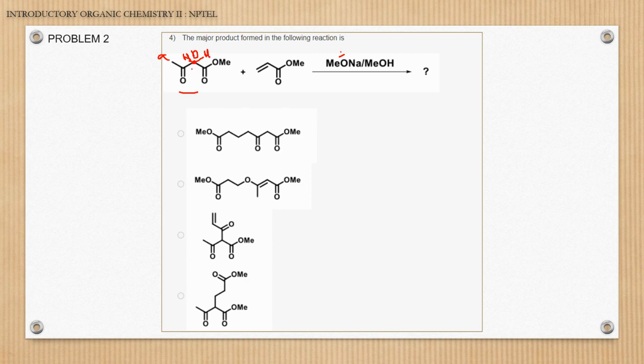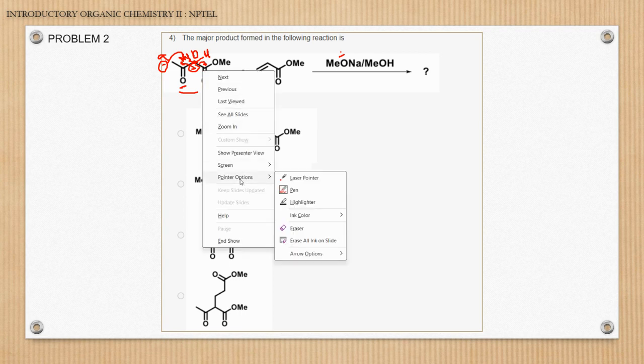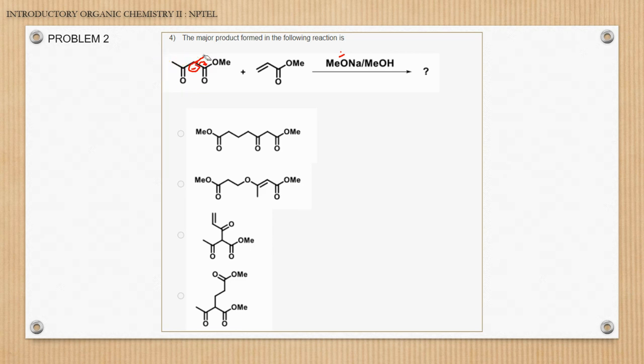Because after the formation of negative charge at this position, it will be in conjugation with both of the carbonyl compounds, right? But if the anion is generated at the other position, it is only delocalized with the carbonyl of the ketone. So that is why the acidity of these two protons present at this methylene group, that is the active methylene site, is higher.